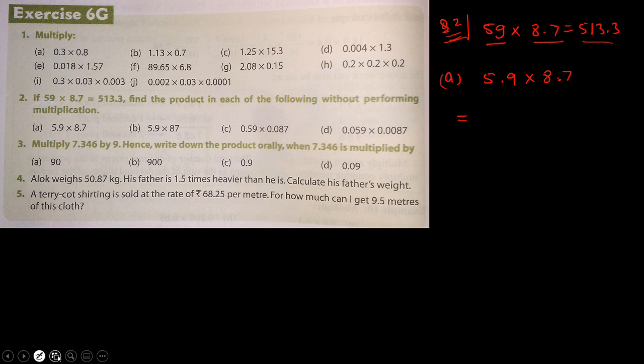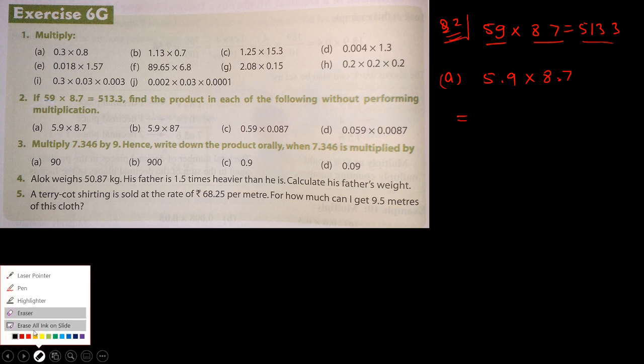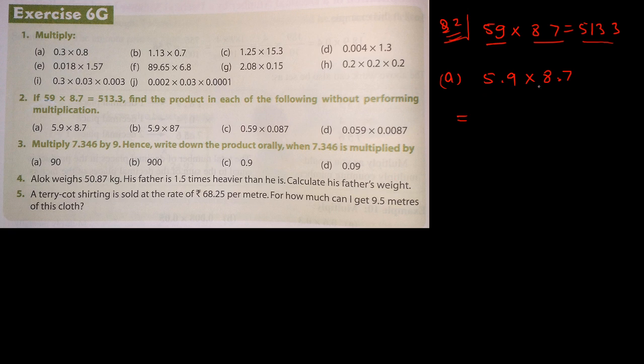So if I remove the decimal from here, look at this. If I remove the decimal from here, I can remove the decimal from here also. So I can say 59 multiplied by 87 is 5133. Fine. Now you have to do the same multiplication here because we have the same number.